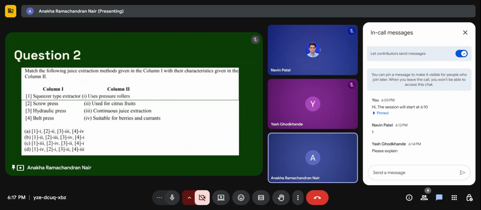Any idea amongst A, B, C, and D which is correct?